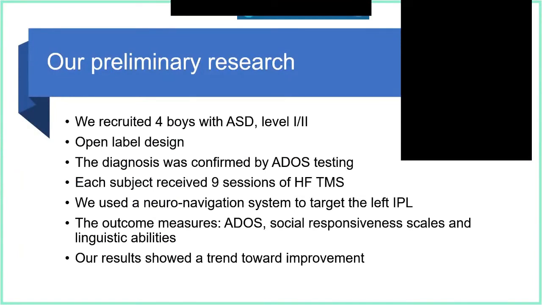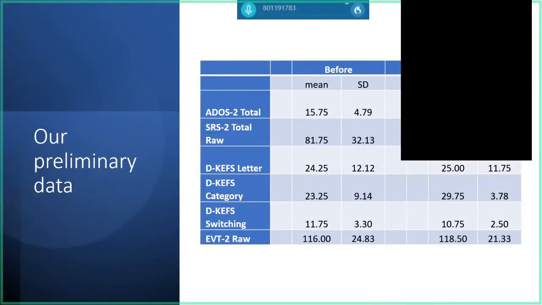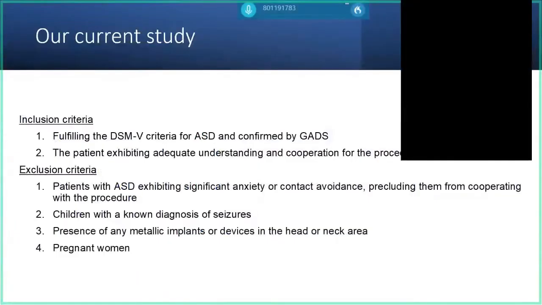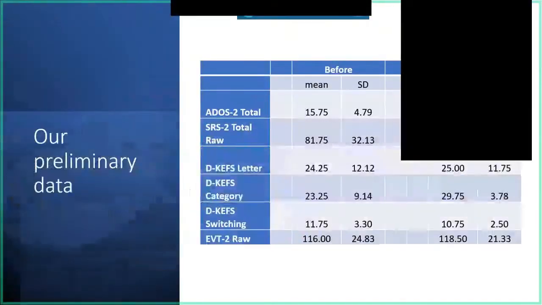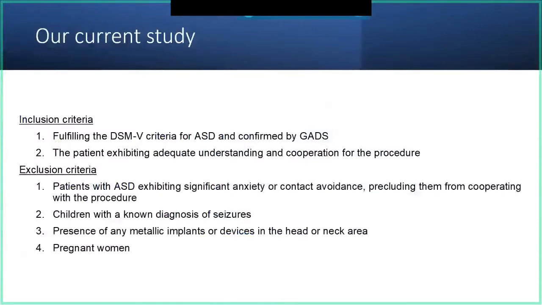We used a neuropsychological test battery before and after. We did 9 sessions of TMS, and these are our results. We can't go into detail, but we definitely had a trend towards improvement in terms of social cognition and verbal fluency.